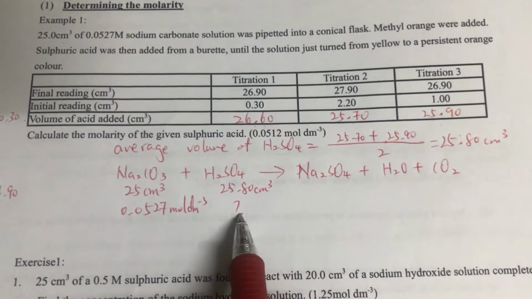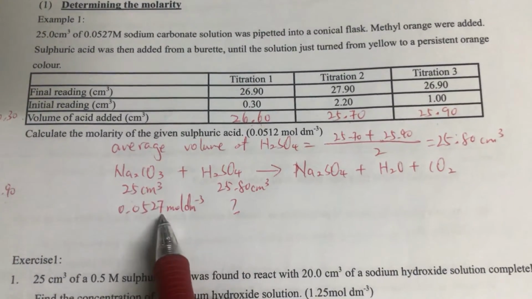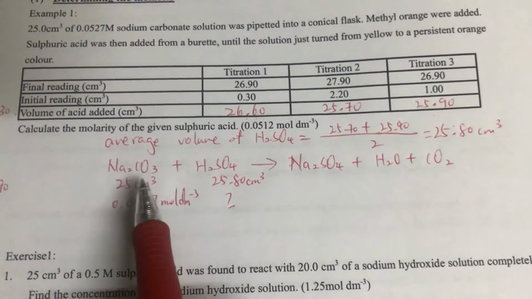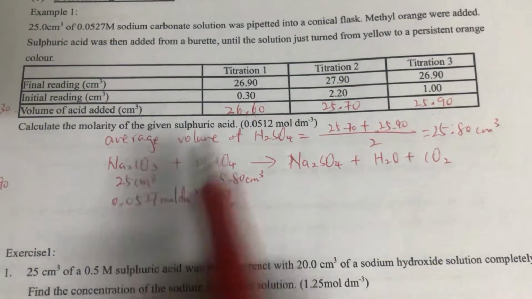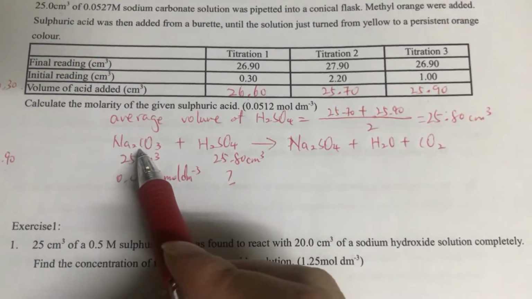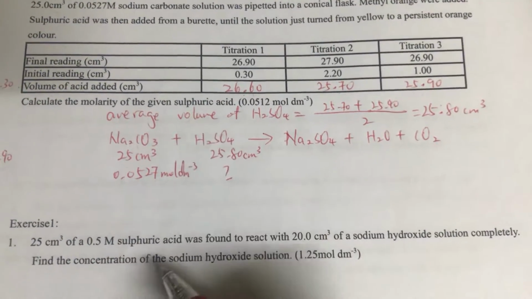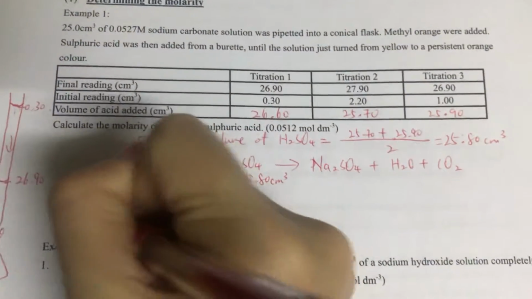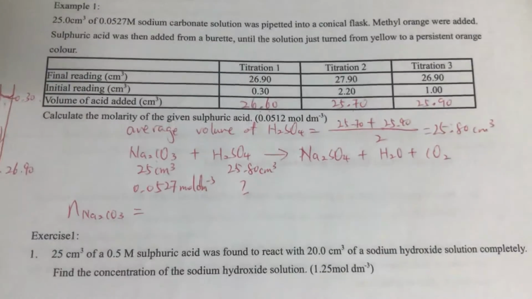And then according to the information given by the question, only for sodium carbonate do we have volume and molarity, so we can calculate the number of mole from it. So we will calculate the number of mole of sodium carbonate, then through the mole ratio we'll find the number of mole of sulfuric acid, and then lastly the molarity. So how to calculate the number of mole?